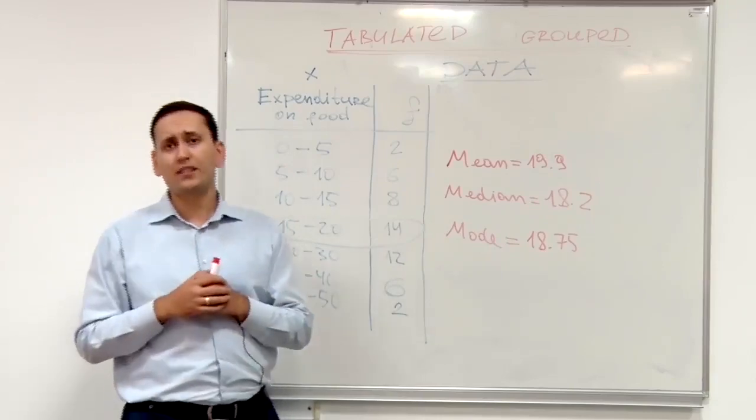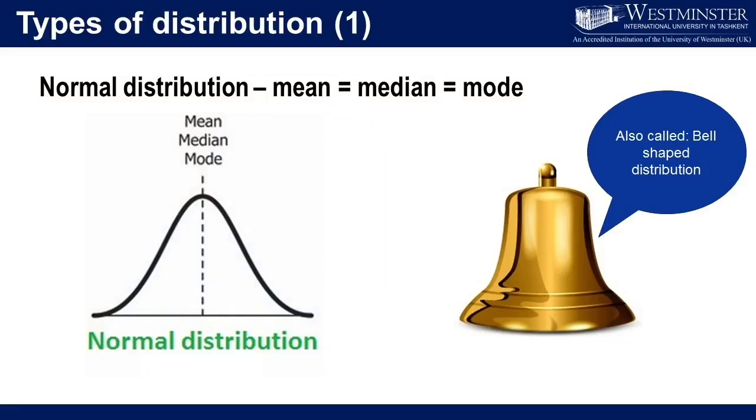Now let's talk about distributions. There are 3 basic types of distributions. The first one is normal distribution, where mean, median, mode are equal and the shape of the distribution looks like a bell. That's why it's usually called a bell-shaped distribution.